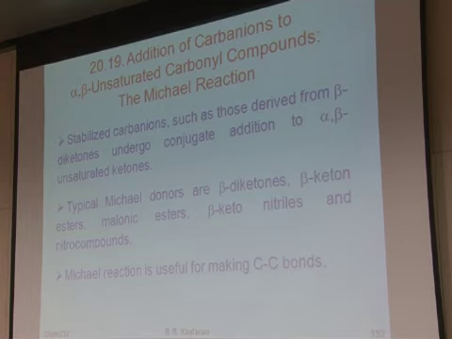Stabilized carbanions, such as those derived from beta diketones, undergo conjugate addition to alpha beta unsaturated ketones. The typical Michael donors are beta diketones, beta keto esters, malonic esters, beta ketonitriles, and nitro compounds. In this reaction, we will be able to form a C-C bond, and this reaction is very useful.